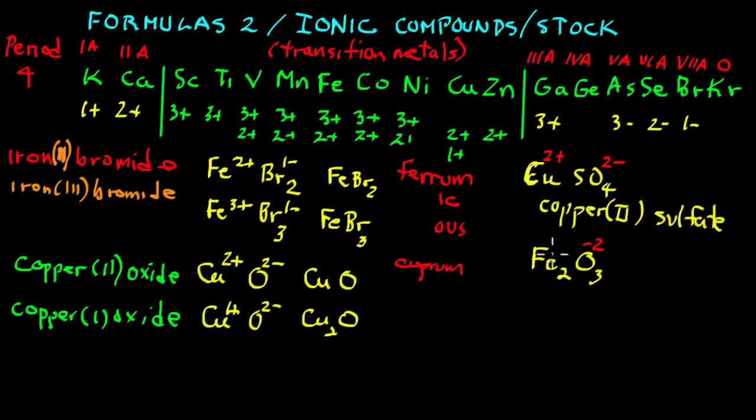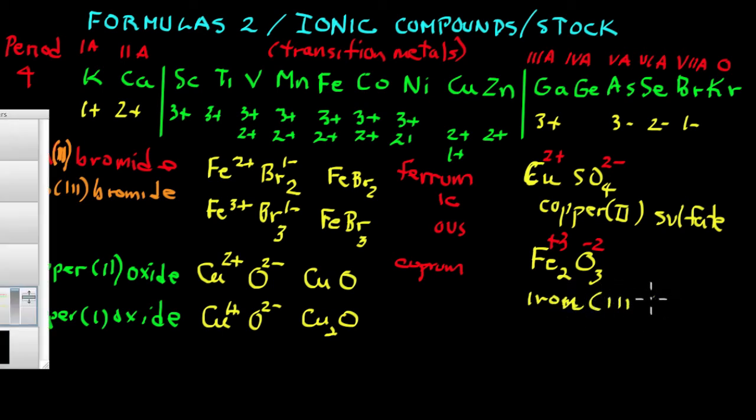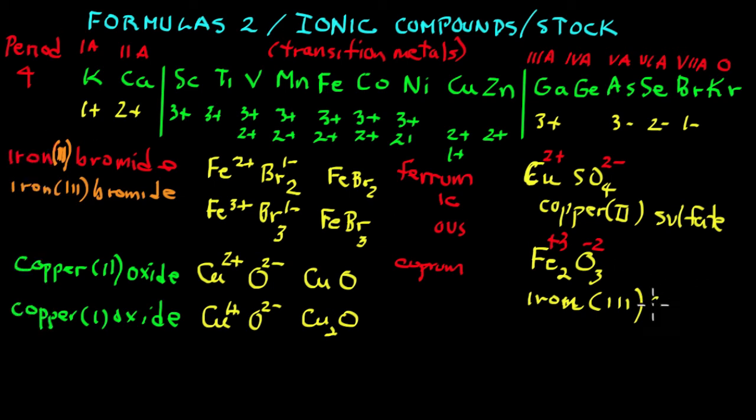So this has to be a +6. Each iron has to be a +3. So this compound would be called iron(III) oxide. Iron(III) oxide. Okay, see how we do working backwards.